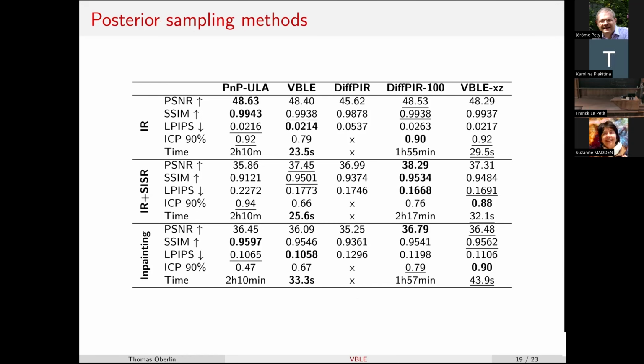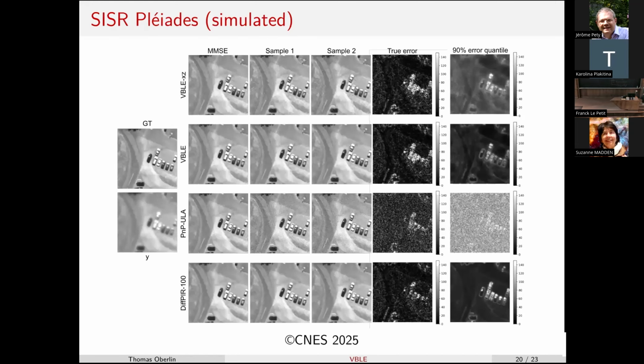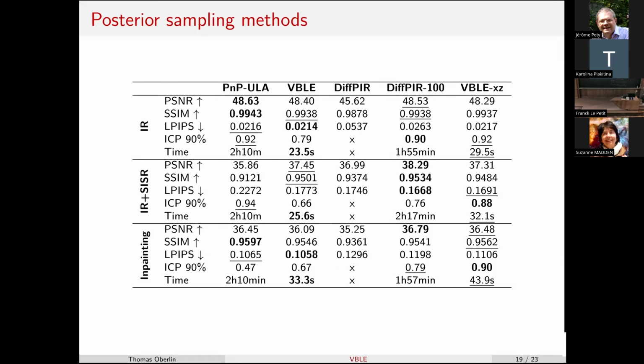So here we evaluate image quality with the first three metrics, but also the quality of the samples and their ability to effectively capture or estimate the uncertainty. And here it's more interesting.